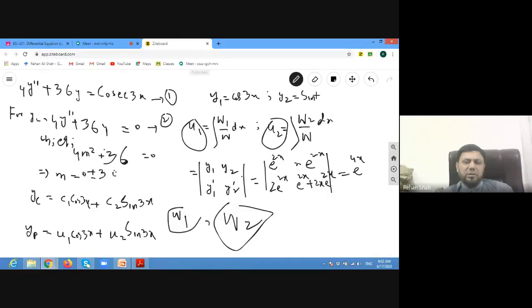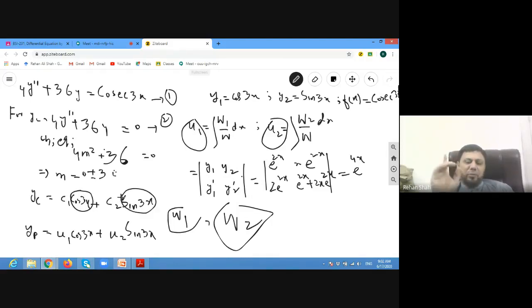What is your f of x? Cosecant 3x. This is cosecant 3x. So this is your y1 actually, and this is your y2.